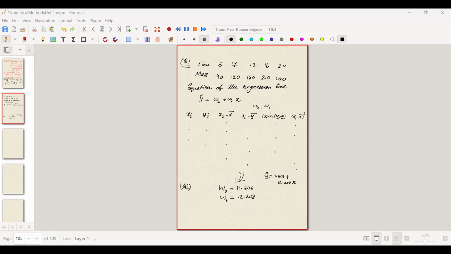Check your formulas again for W1 and W0. That's what I have written here: XY bar minus X bar into Y bar, divided by X square bar minus X bar squared. Can you check your notebook and say whether it is correct or there are some errors? Check the formula again and let me know if it is correct. I might have done it wrong.